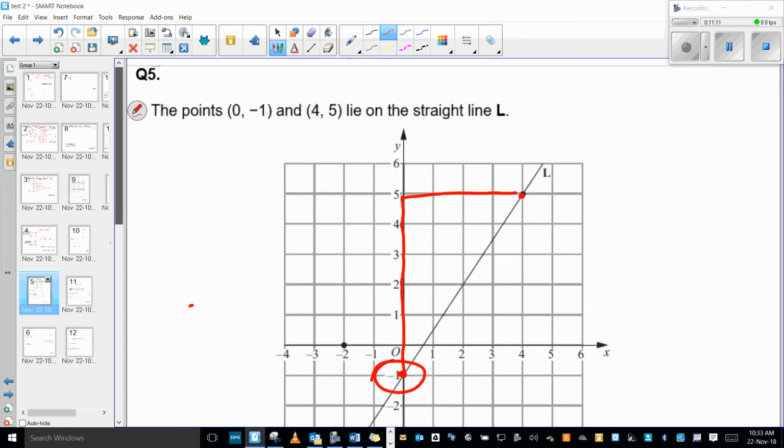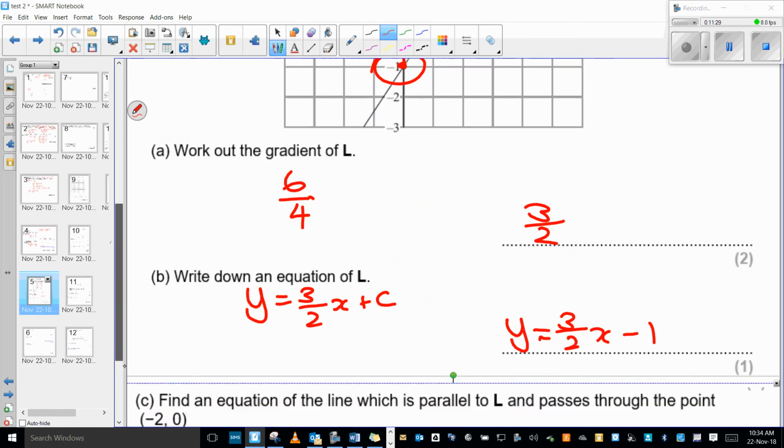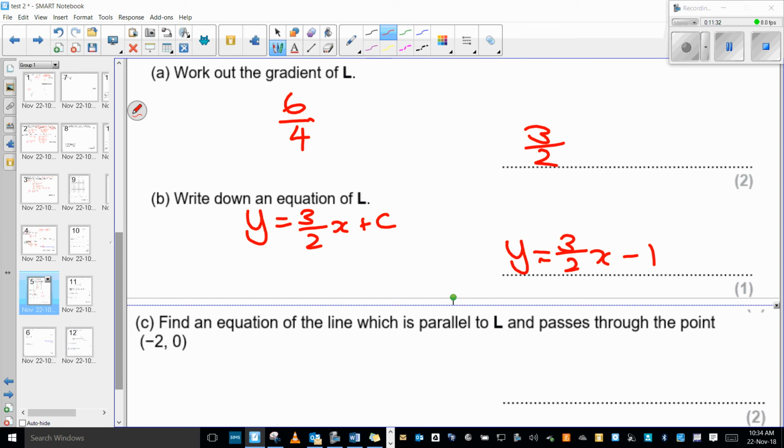Again, ideally you're recognizing that the x coordinate is 0, this is going to be your y-intercept. But if not, you substitute these two values in, or you can substitute these two values in. Any of these methods will get you the right answer. Okay? Ideally you're going for the quickest option, but you've got lots of different options to use.